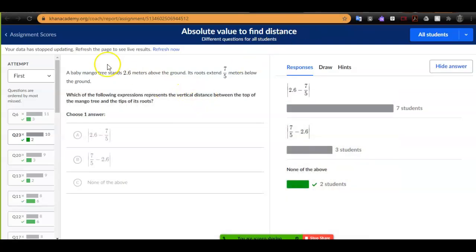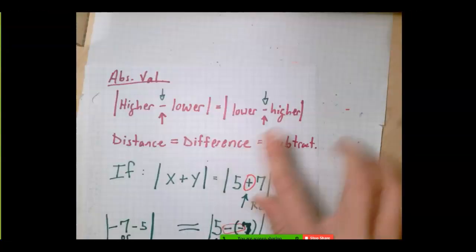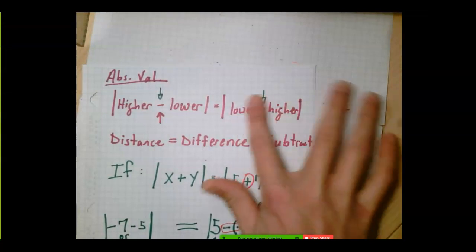Let's look at another. So positive 4.35, negative 2 1/5. Well, one value, negative 2 1/5, minus the other value. A is what works. Because A starts with my negative minus my positive. So this one is actually this situation, lower minus higher.